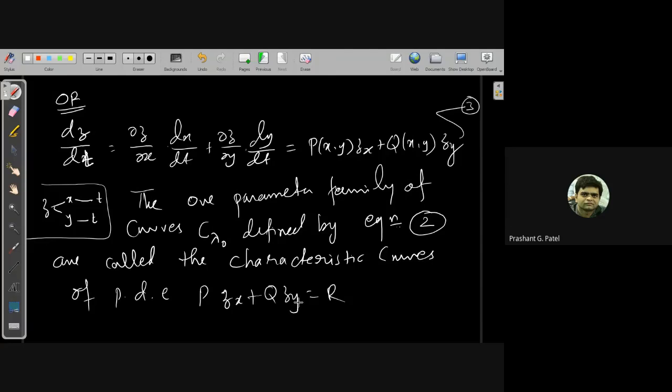That is the semi-linear equation that we have. So whatever the solution for those equations in 2, it's called a characteristic curve.